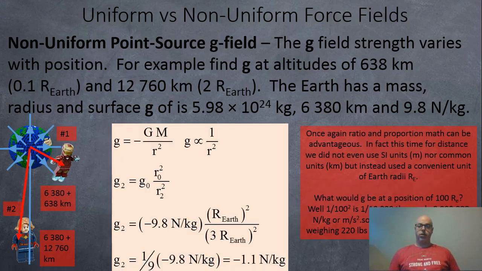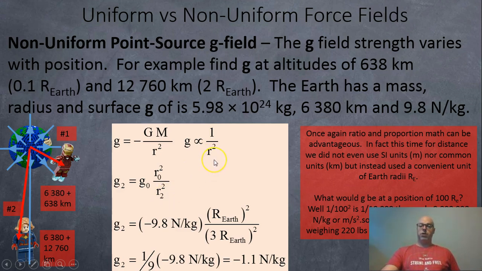Okay. But we could have just used ratio and proportion math again, really. Heck, we don't even have to use kilometers or meters here. g equals negative GM over r squared, which means g depends on 1 over the distance squared. So we just do that little Jedi trick again. g2 equals g0, and then the 2's keep the same location that they did in the original fraction, so r2 squared.